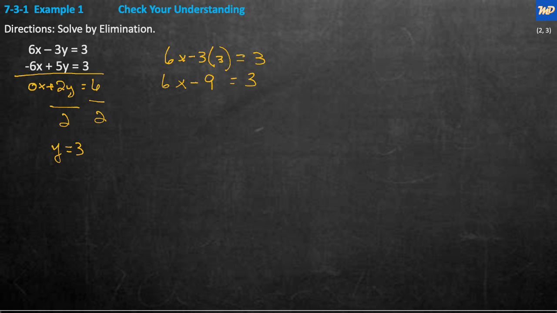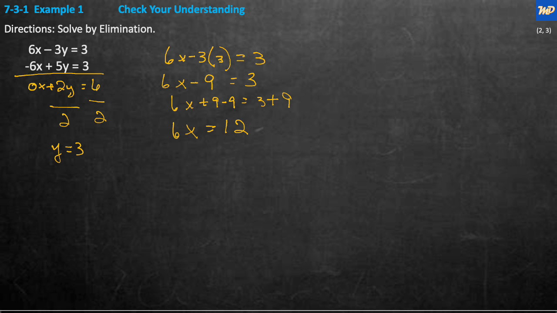To solve for x, we're going to add 9 to both sides. 6x minus 9 plus 9 is equal to 3 plus 9. Just doing the work, carrying it out. So now we have 6x is equal to 12.